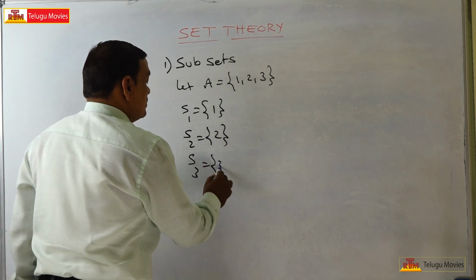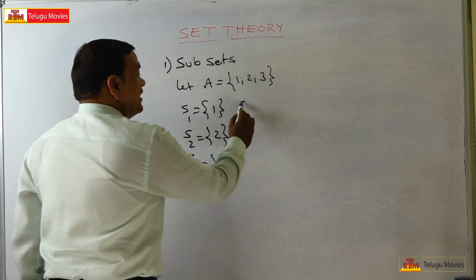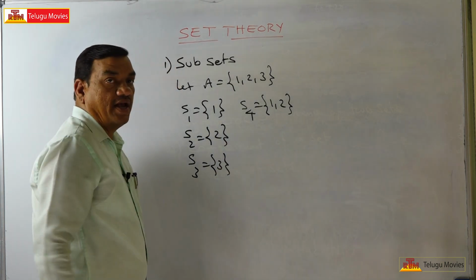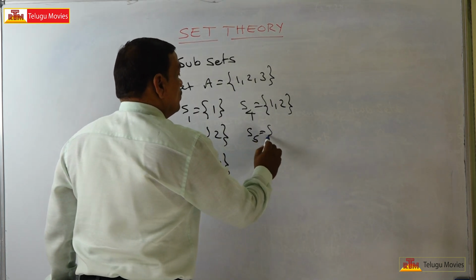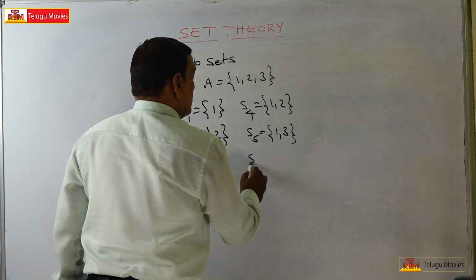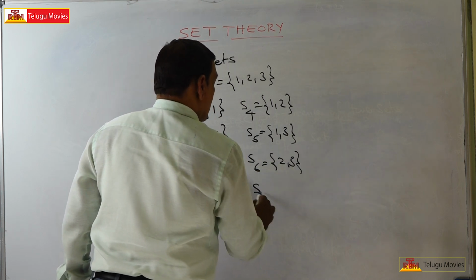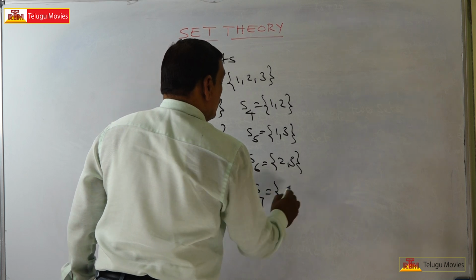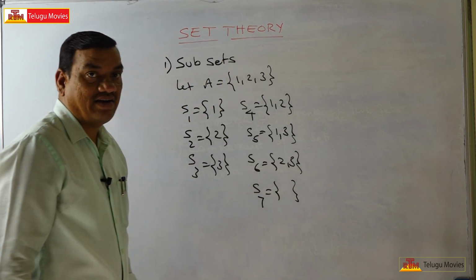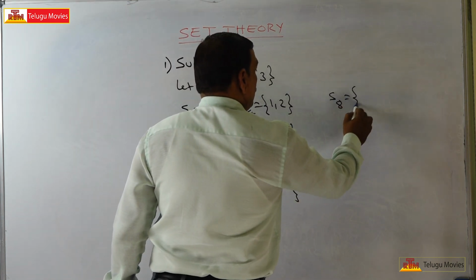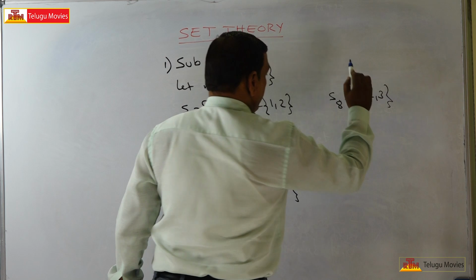S3 is equal to {3}. S4 is equal to {1, 2}. S5 is equal to {1, 3}. S6 is equal to {2, 3}. S7 is equal to the null set. And S8 is equal to {1, 2, 3}.